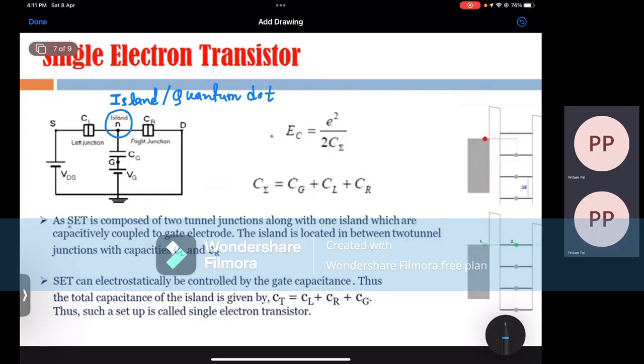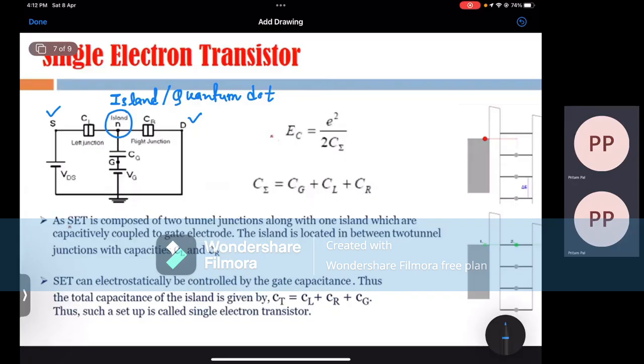And this is the source side and this is the drain side. Since there is an insulating layer, practically in the diagram I show you there's a gap, right?